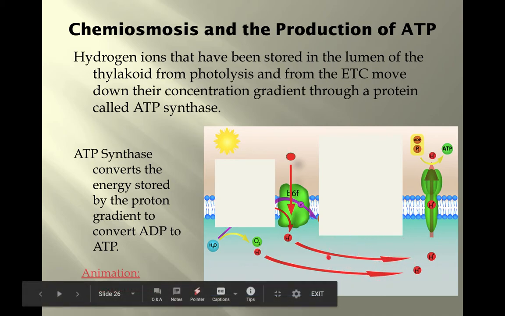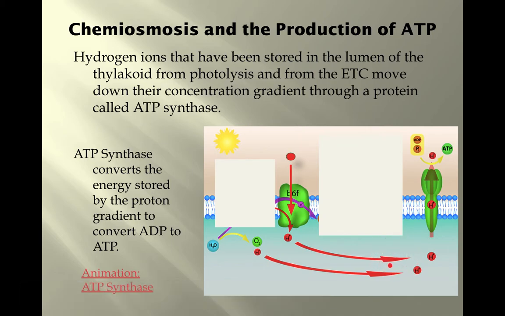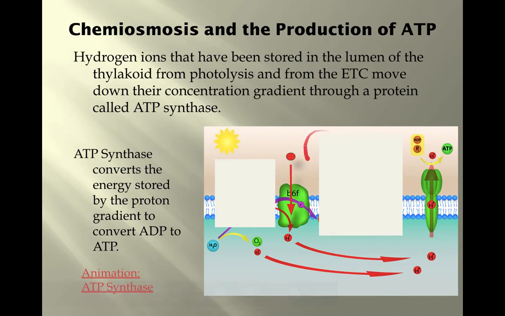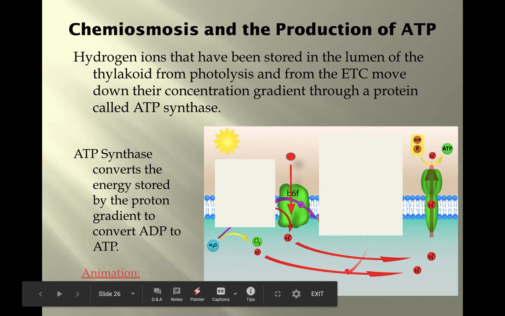It's really important to understand that proton gradients, or any gradients, or any stuffing of anything into a space, will be a form of potential energy. Now, ATP synthase will use the energy because these protons will want to diffuse back to the stroma to reach equilibrium, equal concentrations on both sides of the thylakoid membrane.